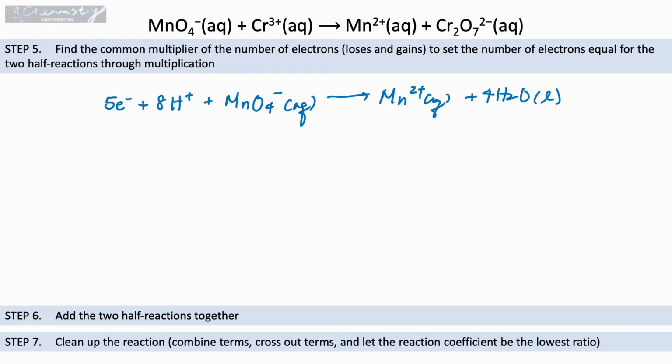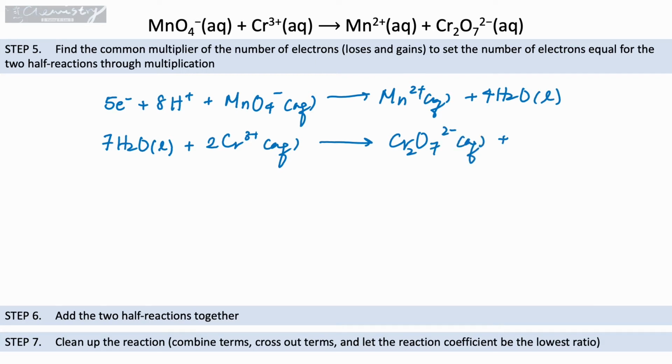And the second one is 7 water and 2 chromium, and then we got the dichromate ion plus 14 protons and then 6 electrons.